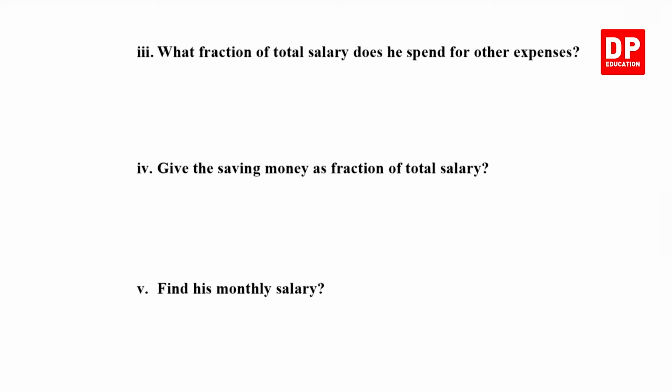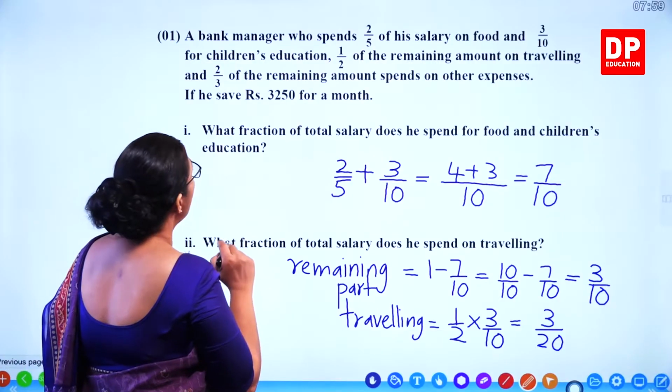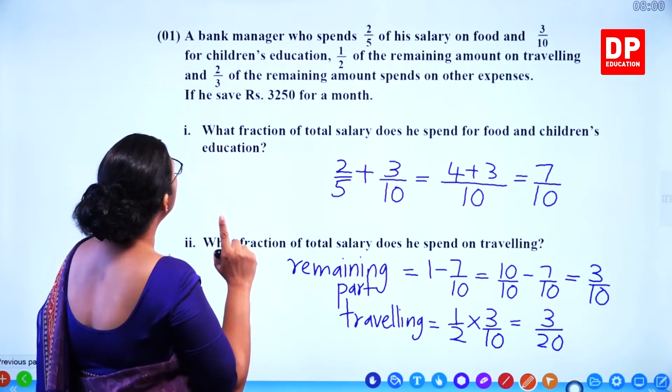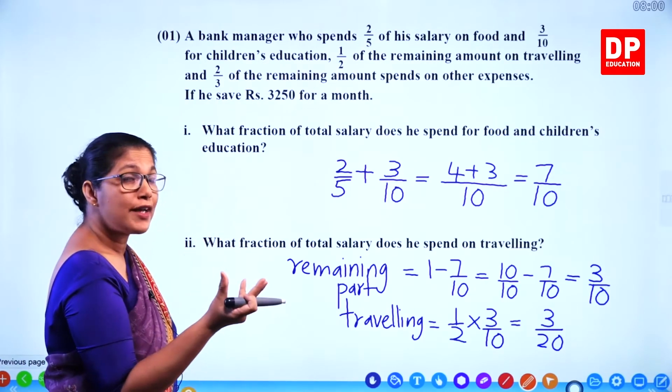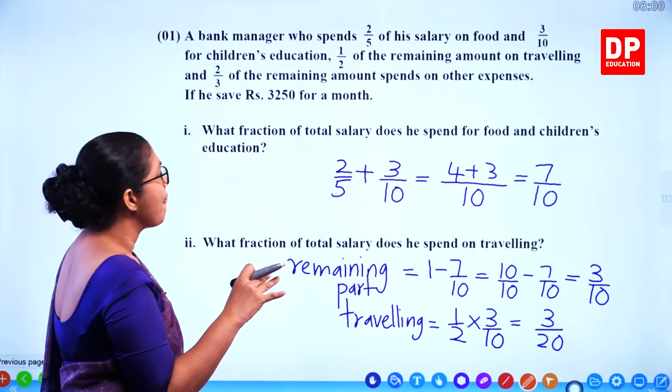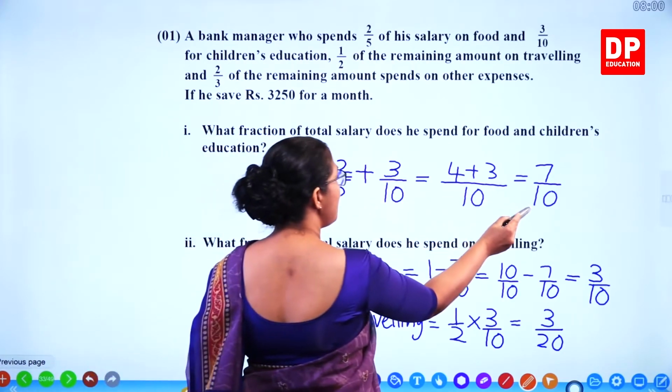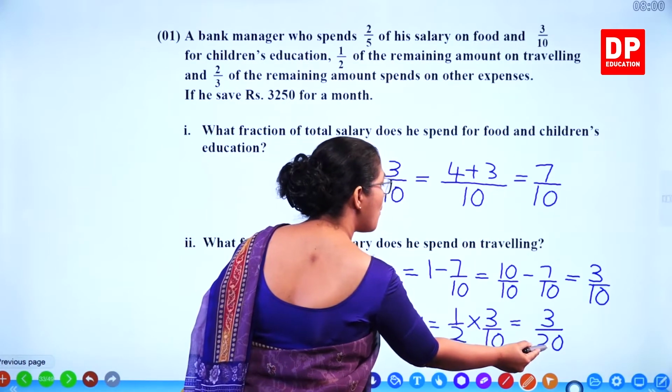What fraction of total salary does he spend for other expenses? Now it says other expenses. 2/3 of the remaining amount spends on other expense. So you have to find out the remaining amount now. So 7/10 for this one, and this is 3/20.